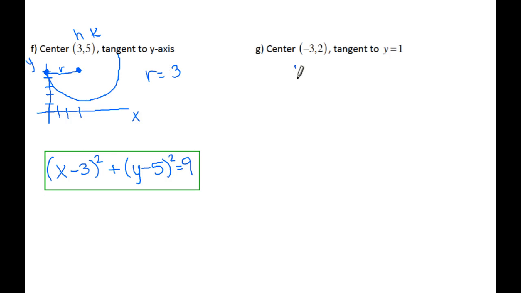This one works in a very similar manner. I'm going to go ahead and draw an accurate representation of my center. So -3, 2. Okay, so there's my center. It's tangent to the line y equals 1. Well, y equals 1 is going to be a horizontal line. So I'm going to go ahead and draw a horizontal line through 1 on my y-axis.